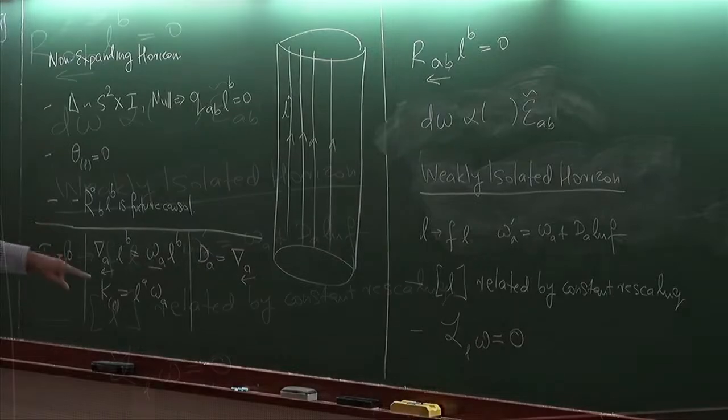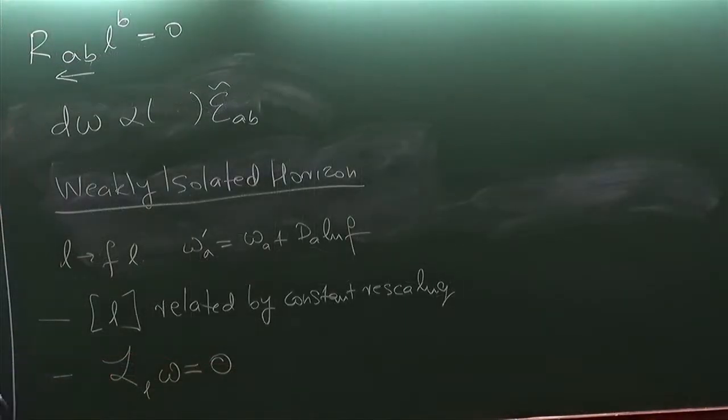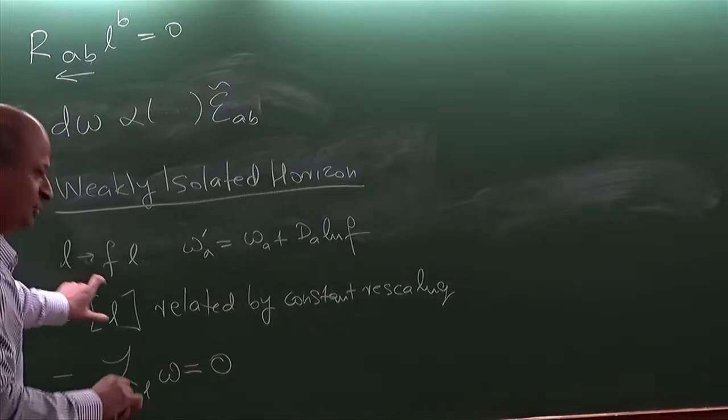This is an additional requirement, the Lie derivative of omega along L being 0. It's not really a restriction in the sense that given any non-expanding horizon, I can always choose the class of null normals appropriately. It's not a real physical restriction. It's only restricting which L's I'm allowed to use.